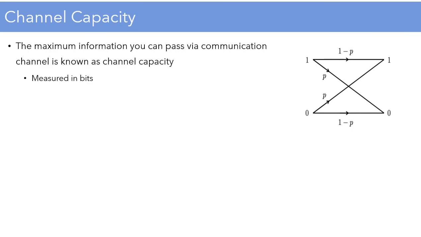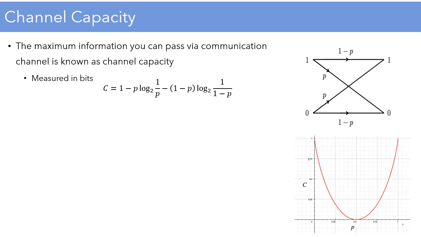So if you talk about this particular channel, the capacity here is computed by this particular formula, and you can see this in terms of P. So if P is half, which means 1 can flip equally with 1 and 0, this means basically Y and X are independent, and you cannot say anything about X by just knowing Y. So the information is 0 in that case.